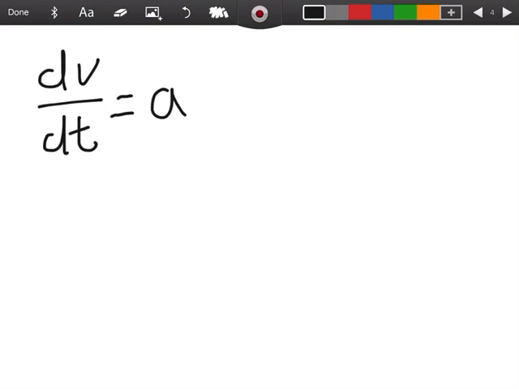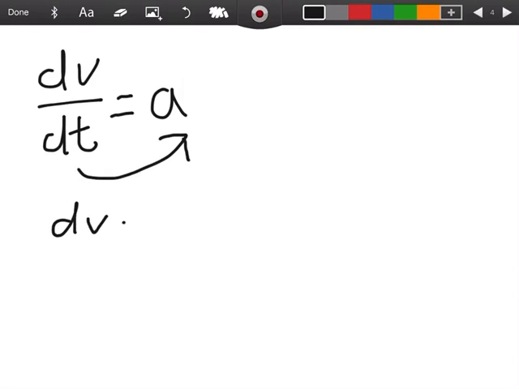Now, how to derive the equation. So we know that dv over dt equals acceleration. Right? Now we're going to switch dt over to the other side. So we're going to times it by both sides.